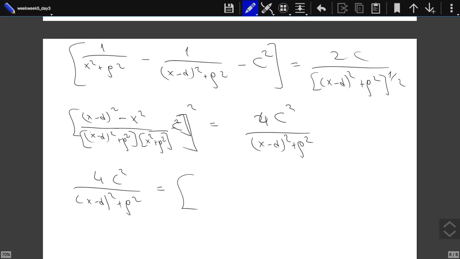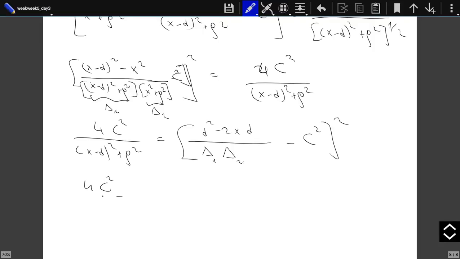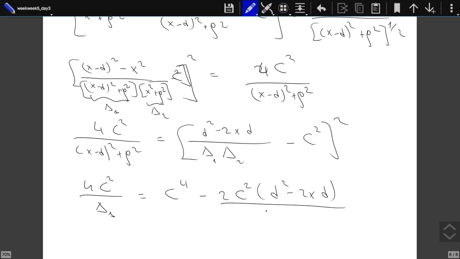This should be equal to, I can open up that parenthesis over there, and I will get d squared minus twice xd divided by, let me call this delta 1, this one delta 2, delta 1 times delta 2 minus c squared squared, 4c squared divided by delta 1. This should be equal to c to the 4 minus twice c squared d squared minus 2xd divided by delta 1 delta 2 plus d squared minus 2xd divided by delta 1 squared delta 2 squared.